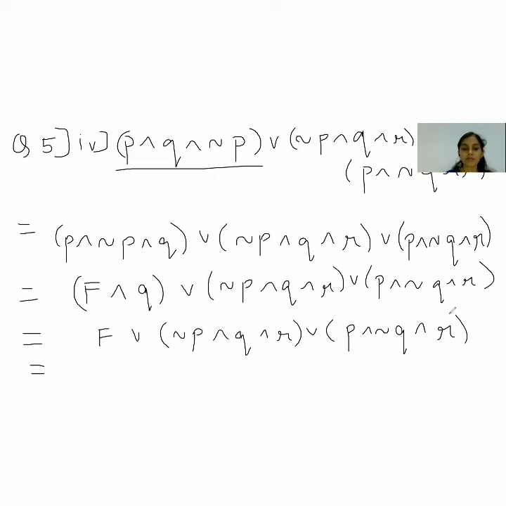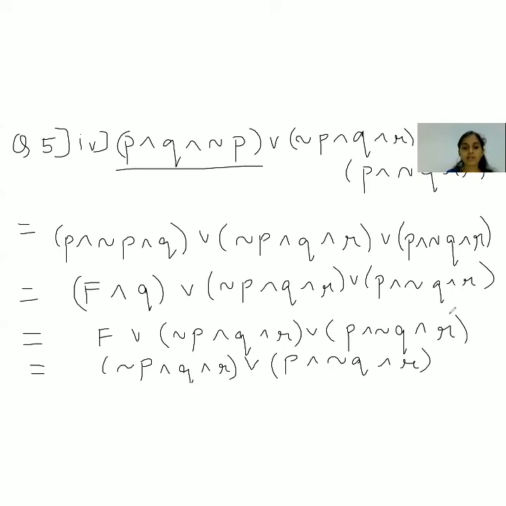F or P, F or Q is the statement itself. So negation P and Q and R, or P and negation Q and R. We are left with two brackets. We've eliminated one bracket. Let us solve with these two brackets now.